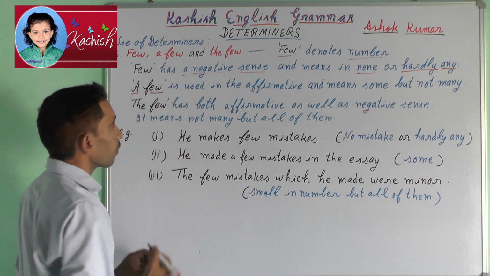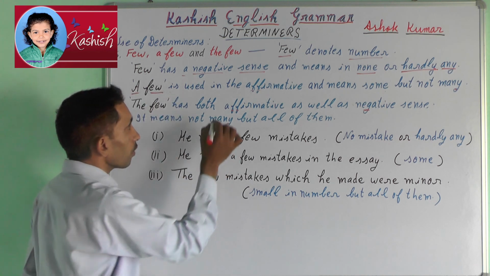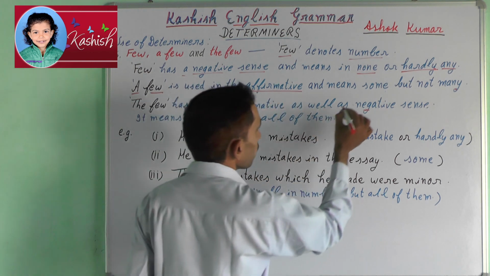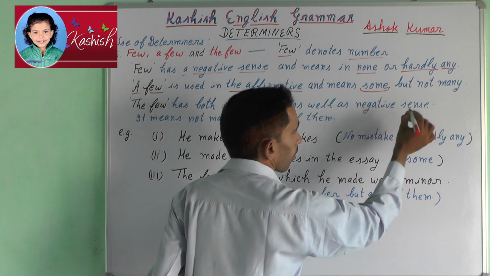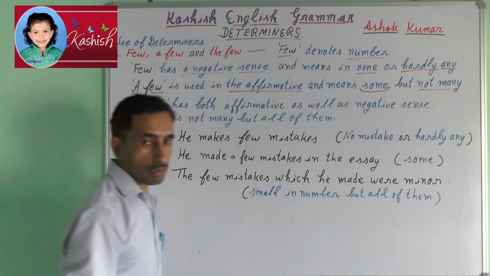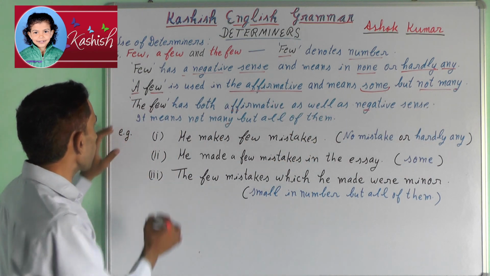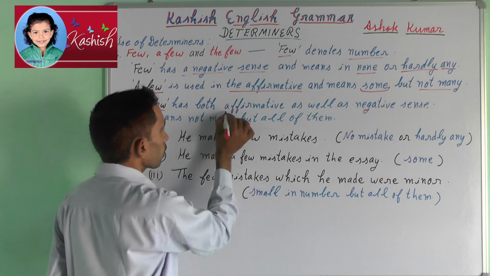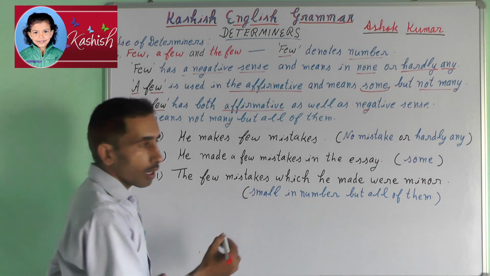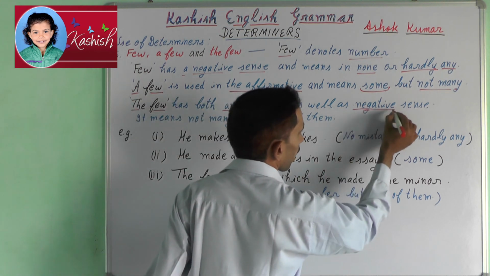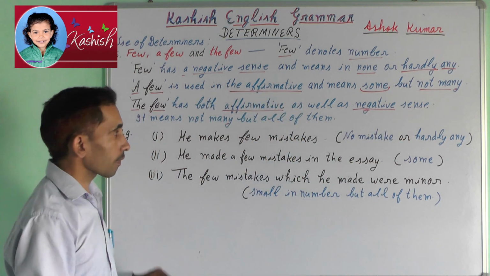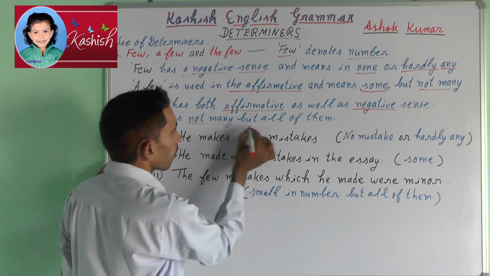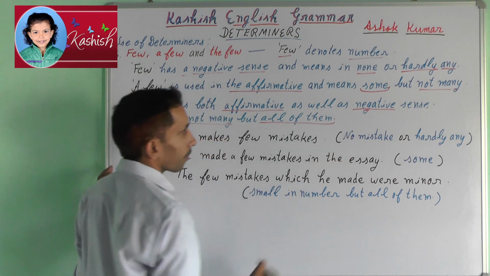A few is used in the affirmative and means some but not many. The few has both affirmative as well as negative sense. It means not many but all of them.